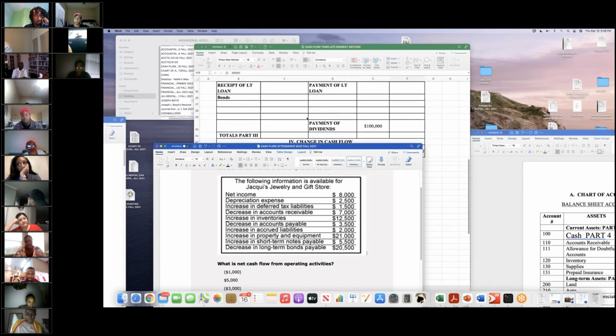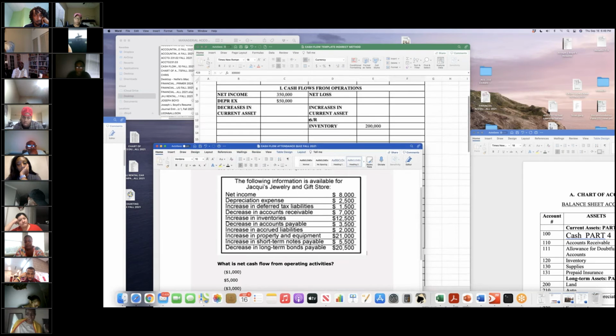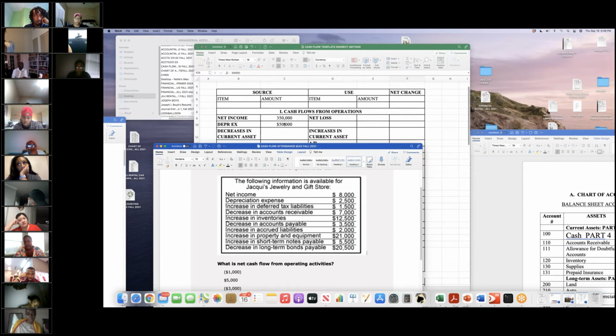So that doesn't actually go on the chart of accounts, from my understanding. It does, because it's a non-cash expenditure. That's that number 3 thing that we do. Remember, 1, change in cash, 2, net income, 3, depreciation expense.